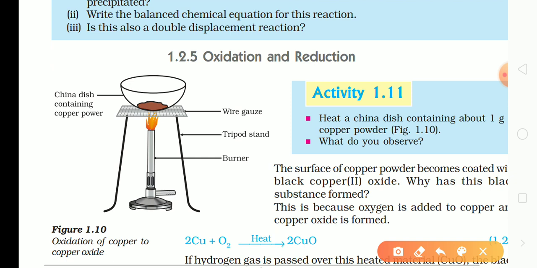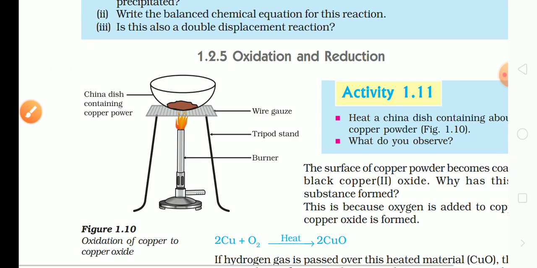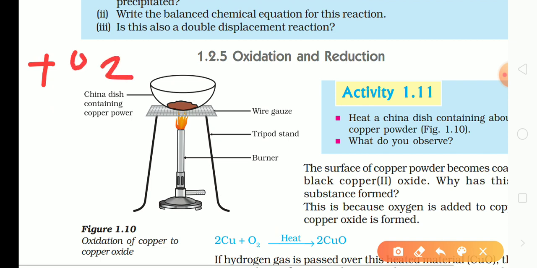If we add oxygen to any chemical species, it undergoes oxidation. On the other hand, if we remove oxygen, it is called reduction. So the first definition: addition of oxygen is oxidation and removal of oxygen is reduction.